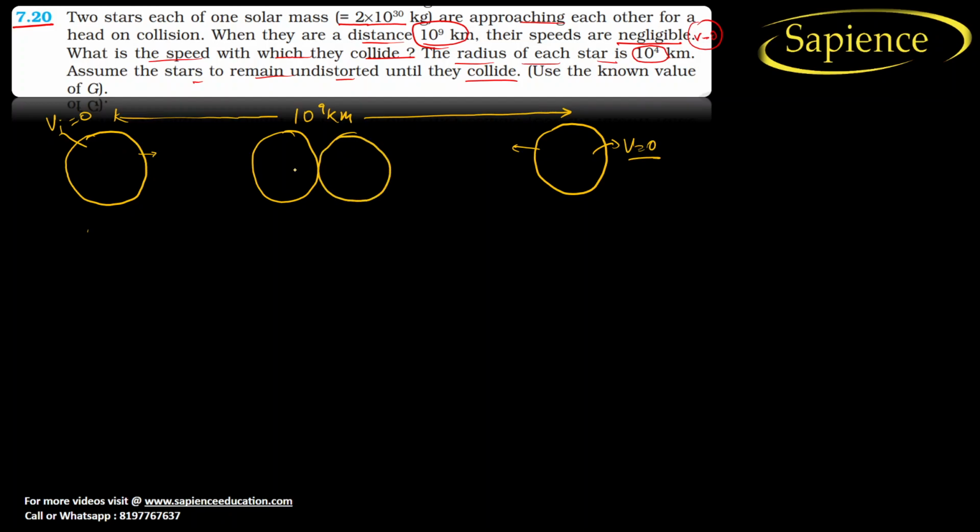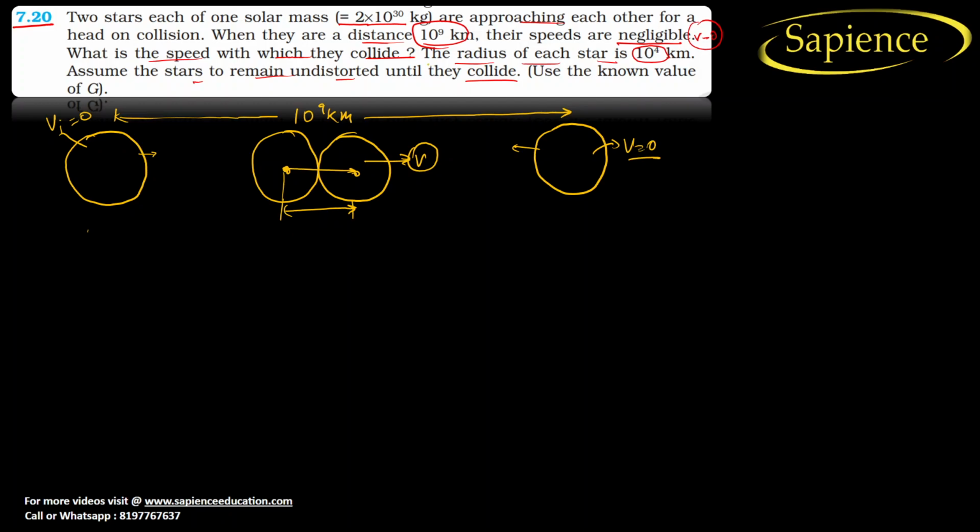At this point they will collide, right? If we assume the whole as a single mass system, the final velocity will be v. And the distance between these two centers of mass is how much?